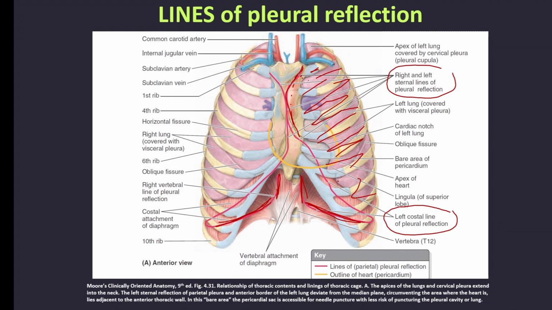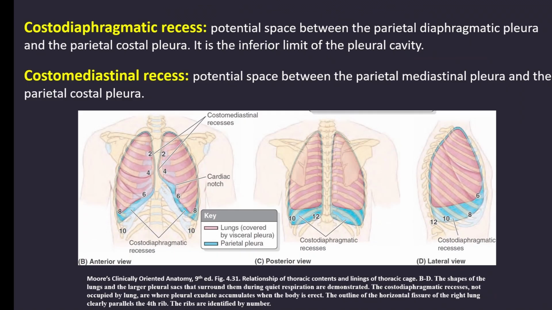That is your costal line of pleural reflection. So again, that happens when that costal parietal pleura reflects inferiorly to the diaphragm. That is the one that we're going to focus on.